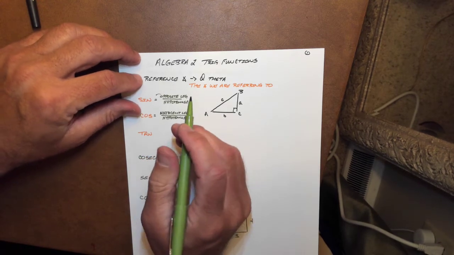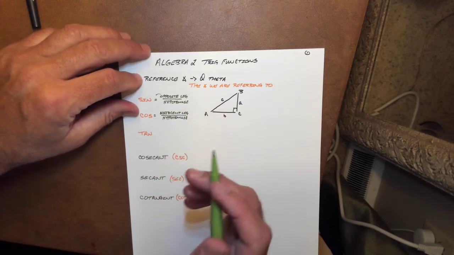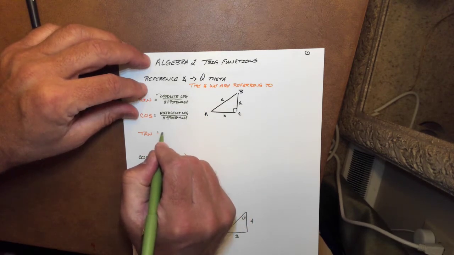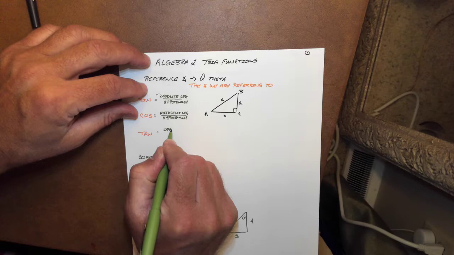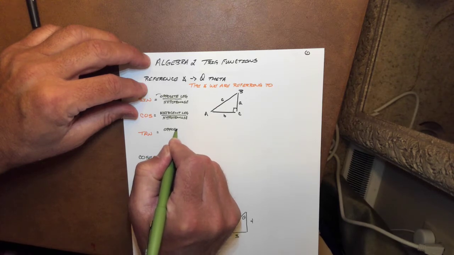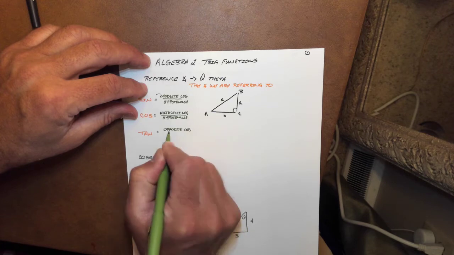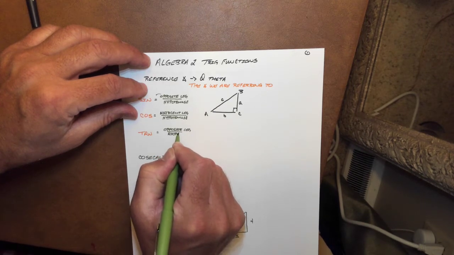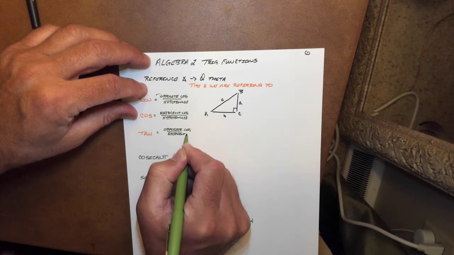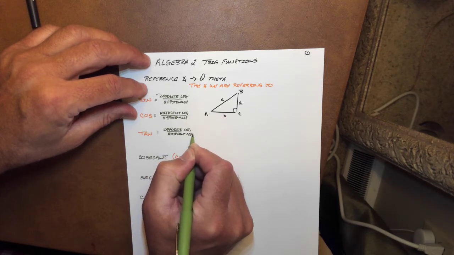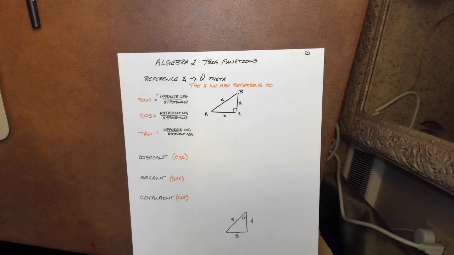And tangent will be your opposite leg over adjacent leg. Now what you'll hear me do as we move through here is I'll stop saying opposite leg and adjacent leg. I'll just say opposite over adjacent, opposite over hypotenuse, and so forth.